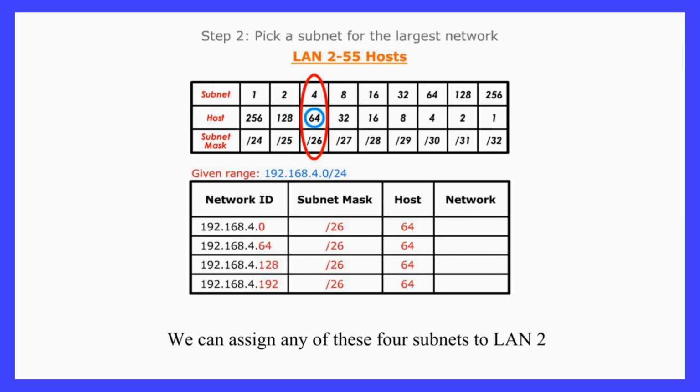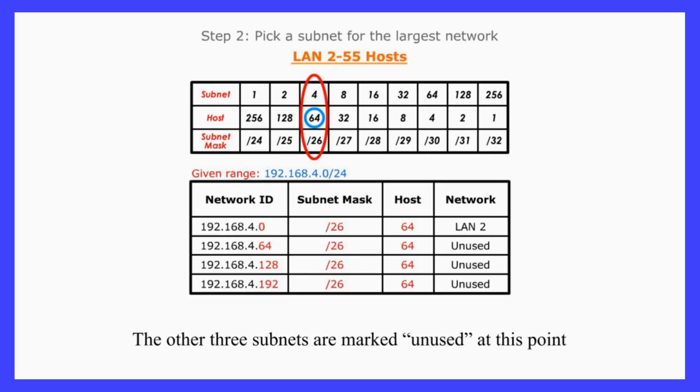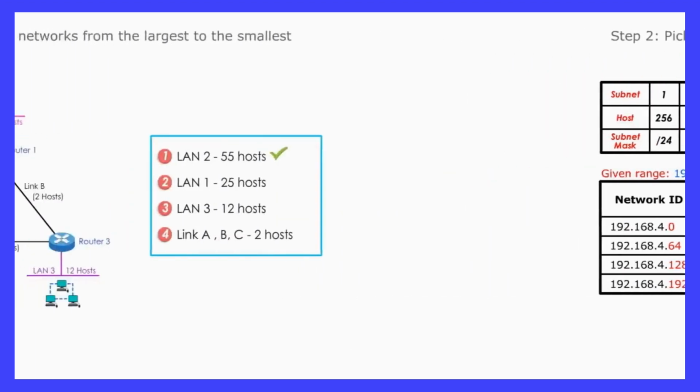We can assign any of these four subnets to LAN 2 because they are all equal size. For the sake of simplicity, we assign the first subnet to LAN 2. The other three subnets are marked unused at this point, and they are for future use.